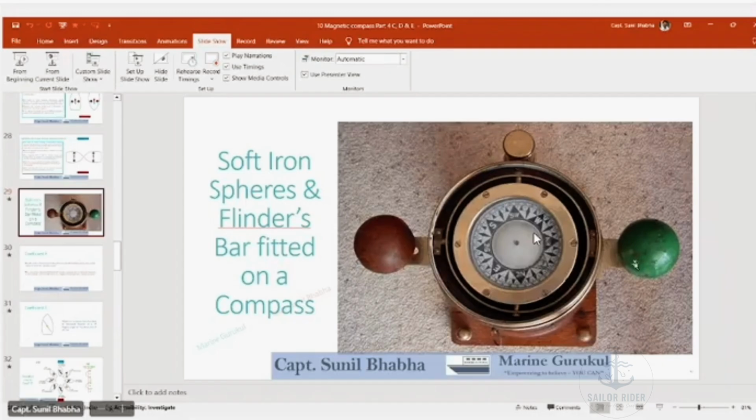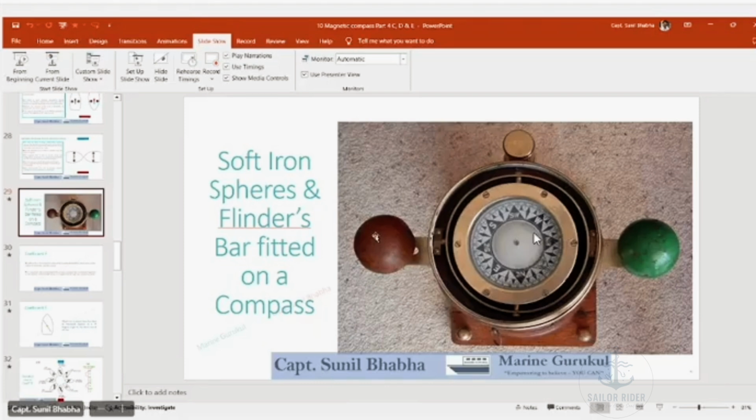This is for a normal merchant vessel. But in case you are on a special type of ship, like an aircraft carrier where the compass is placed off the center line, yes, there it is possible that one of the spheres may be closer and the other one may be farther. Right, beta? Clear? Clear, sir, clear.